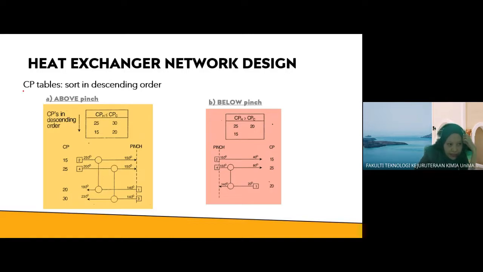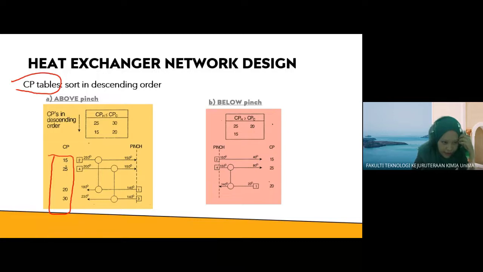You must create the CP table by listing the value of CPH and CPC in descending order from high CP to low CP. Just now you have this value of CP. So you create a table for CPH. Start with the higher CP, which is 25, followed by 15. And then for CPC, start with the higher CPC, which is 30, and then the next is 20.